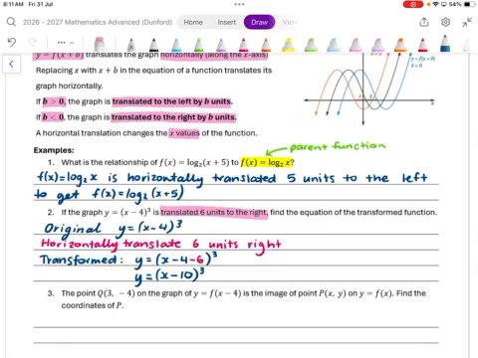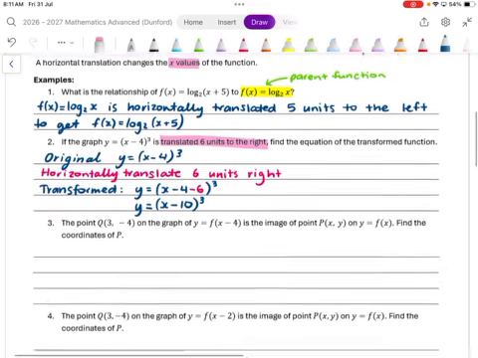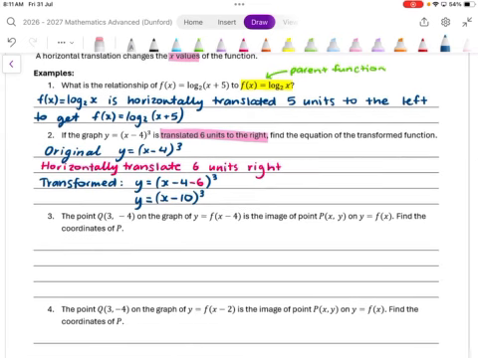Because it's cubed, that's what type of function we're dealing with, right? Originally it has its x-intercept at 4. We want to move it to the right by 6 units so the x-intercept becomes 10. Does that make sense? That's why we're minusing 6. Okay. Any questions with our first 2 examples?